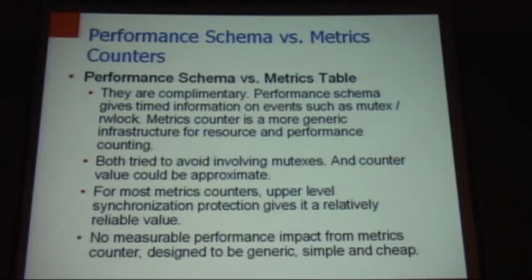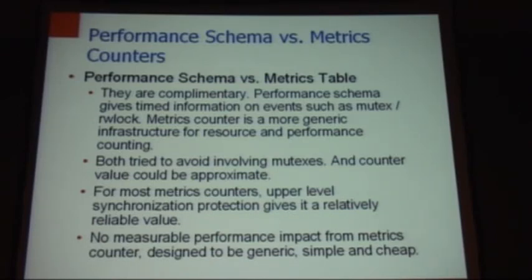So we just consider this as tolerable because it just gives you enough statistics to give you a feel of how the system is running, but we don't want to make it 100% accurate. But most of the time, it gives you enough good information, about 95% of the time.